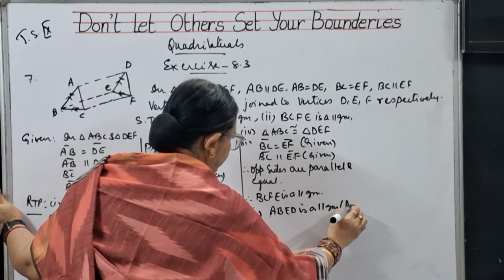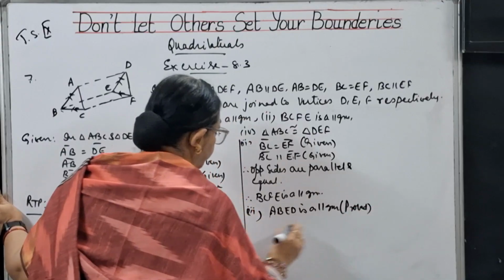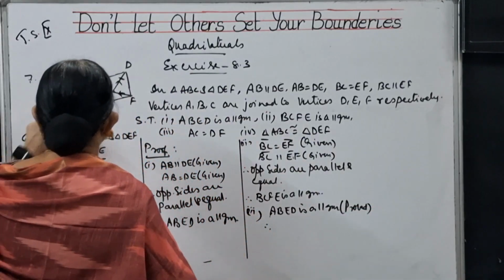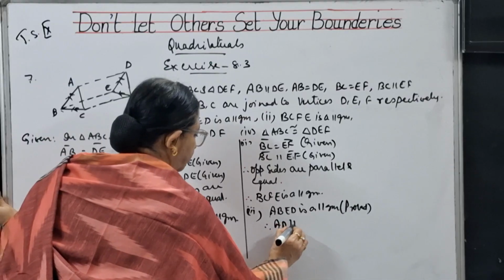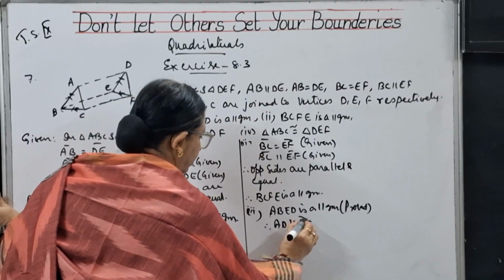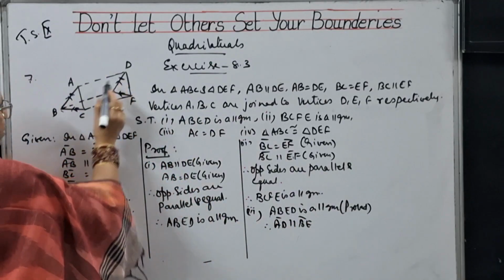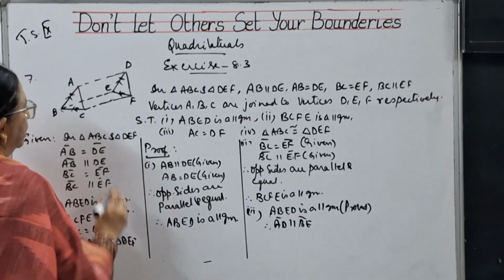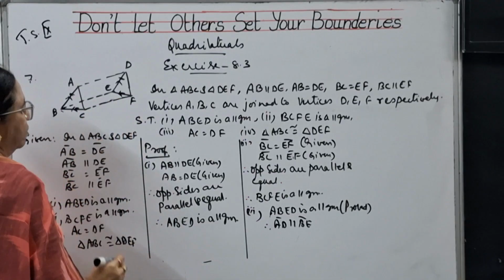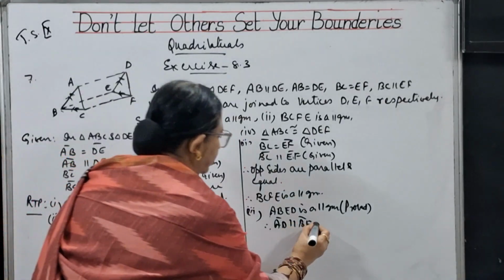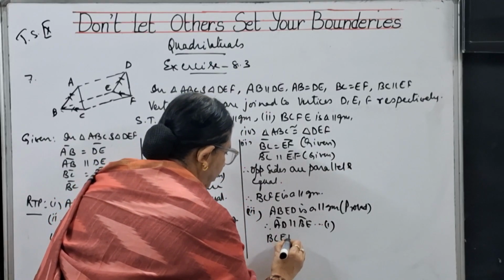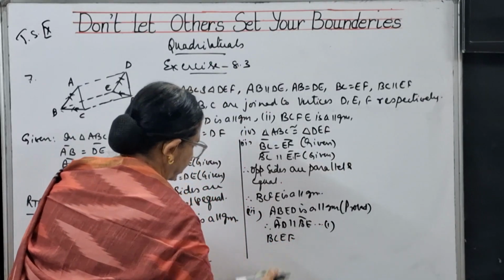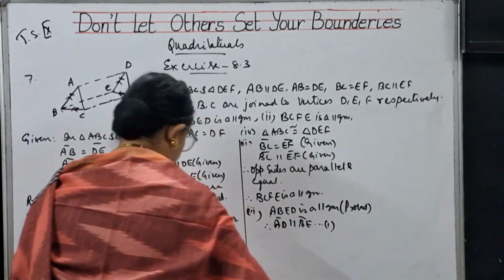This we have just now proved. Therefore, what you can say? AD is parallel to BE. Again, BCEF, let me take it as first equation. BCEF, you may not see it, I'll do it here.